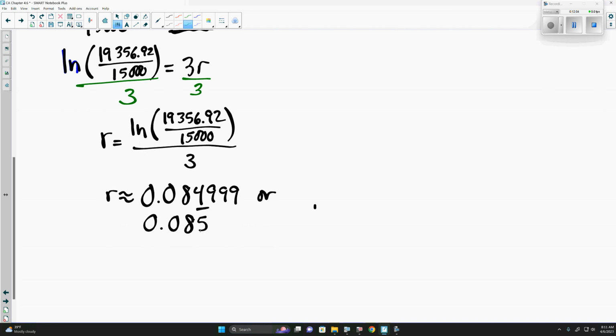Now, for your actual answer, they're going to want this as a percentage because we're talking about an interest rate. Interest rates are always given in percentages. So our rate is actually going to be 8.5%. So the answer we would give is 8.5%.